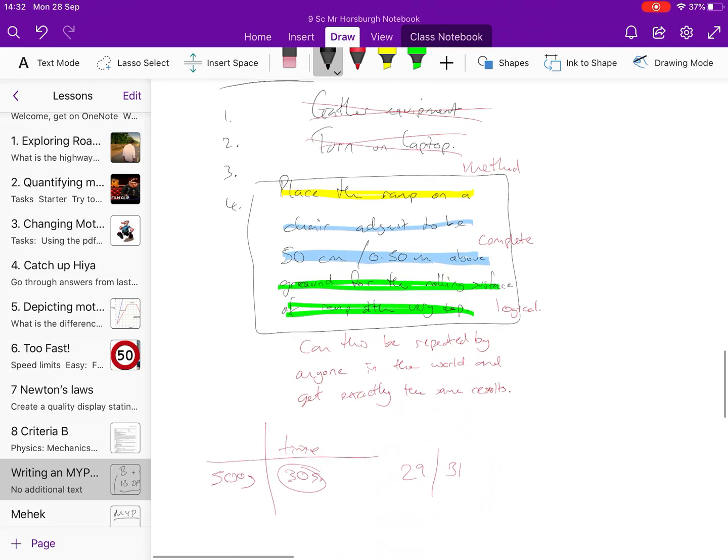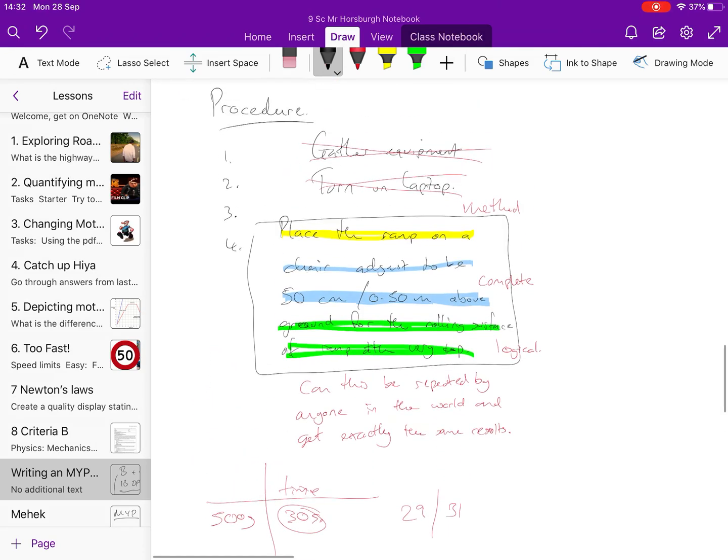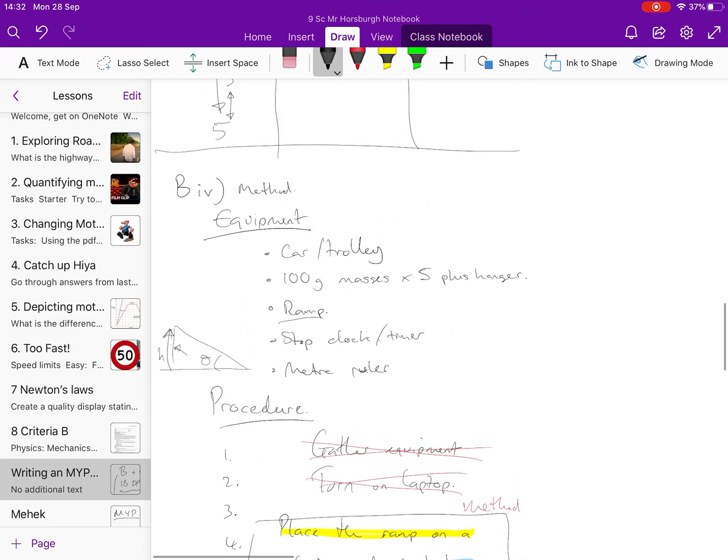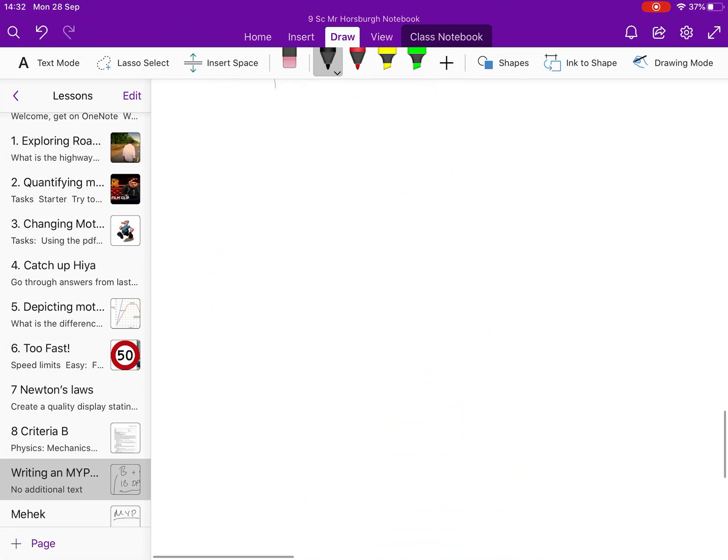Sometimes it's easier to write this up again after the method, after you completed it, which is why it's sometimes written in third person past tense. The last part of it is for safety, so we need some kind of risk assessment. Probably best laid out in a table.